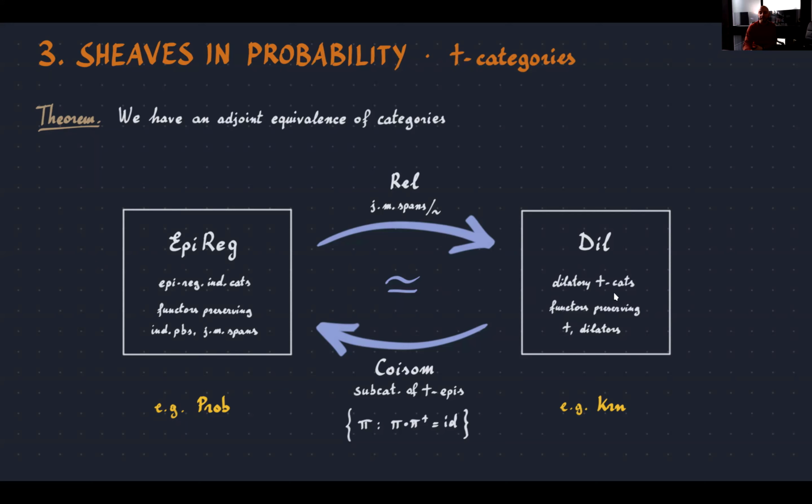So every dagger category with dilators is actually in correspondence with some normal category where things are suitably epi. And this correspondence has significance for us because you can see that Kern is just a category of nice spans of Prob. And conversely, Prob is just the category of Kern where the morphisms are deterministic, or dagger epis, so that are split epi and where the dagger is exactly the splitting.